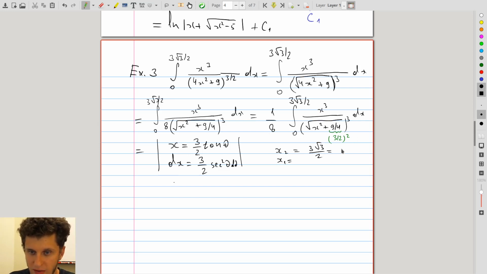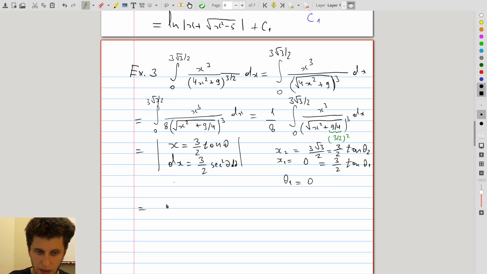So this value of x is obtained as this expression evaluated for some theta, and we have to find the theta. So this is 3/2 tangent of theta 2, and x1 is equal to 0, which is 3/2 tangent of theta 1. Right? So this second line gives us immediately that theta 1 is 0. So the lower limit of integration in terms of theta is going to be 0, as well as the one for x.